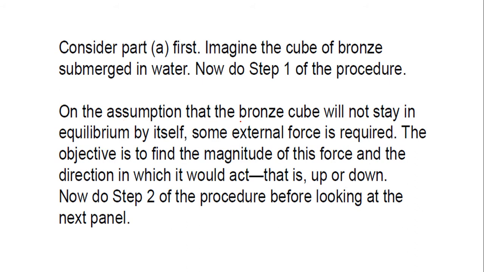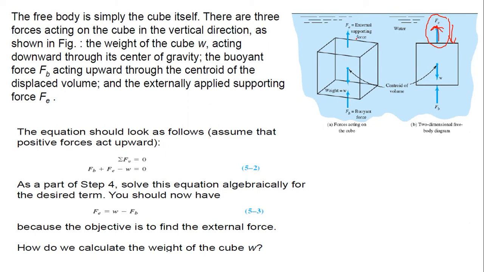on the assumption that the bronze cube will not stay in equilibrium by itself, that means some external force is required. That's why we need this Fe. So don't worry about this arrow whether it goes up or down, you just assume one. So just say we take upwards, because they ask you to find which direction.